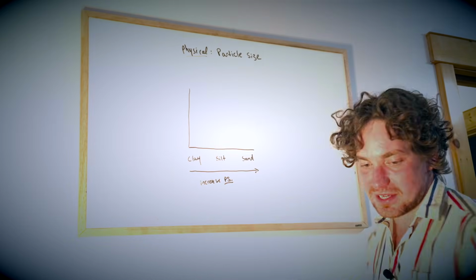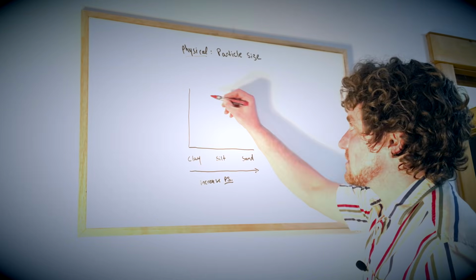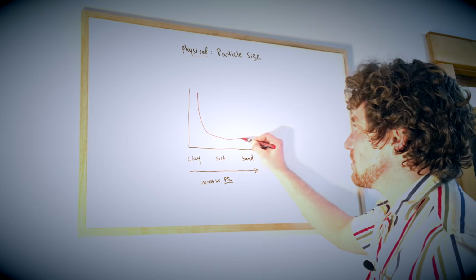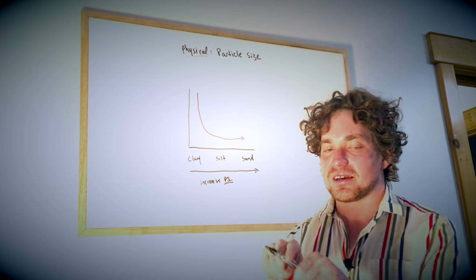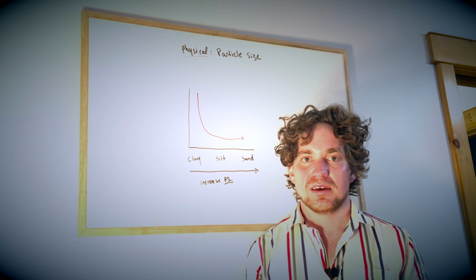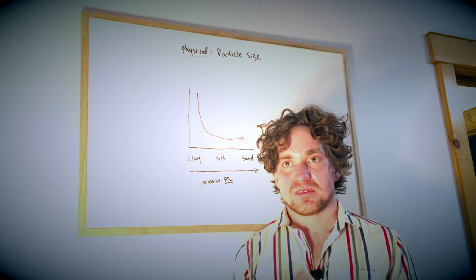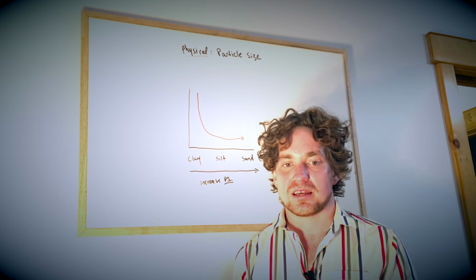There's an increase in particle size. There is actually a negative exponential relationship with several other factors on the y-axis that are very important to nutrient availability and plant growth, and the dynamic between plants and soils.